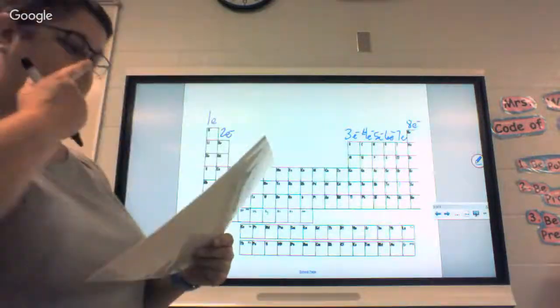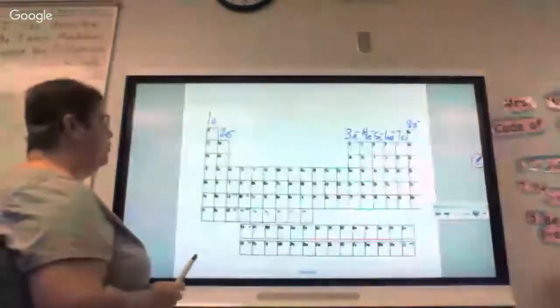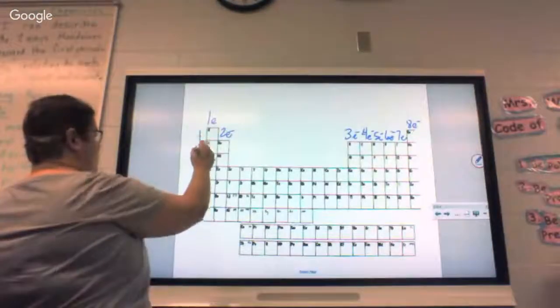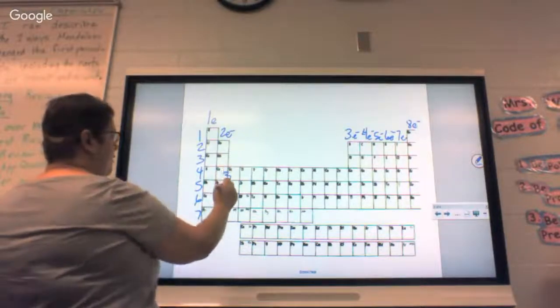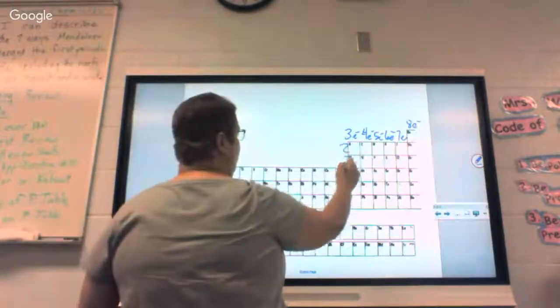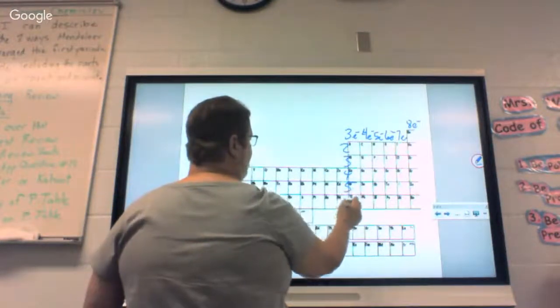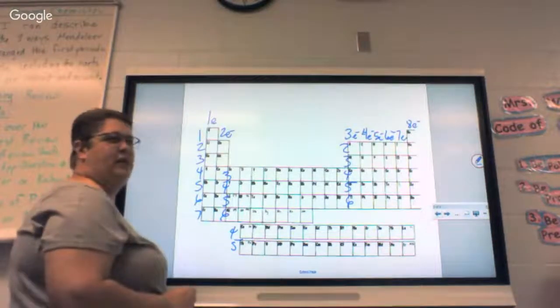All right. Among the sublevels listed, the one that cannot exist. 1s. Now, look on your table. If you can find them on this table, they exist. If you can't, they don't exist.